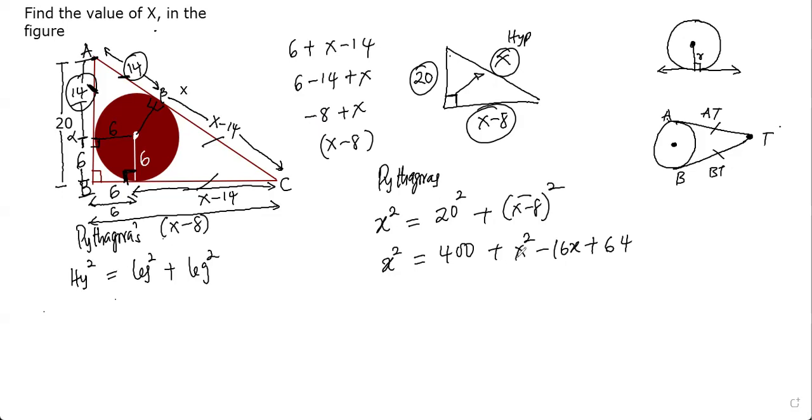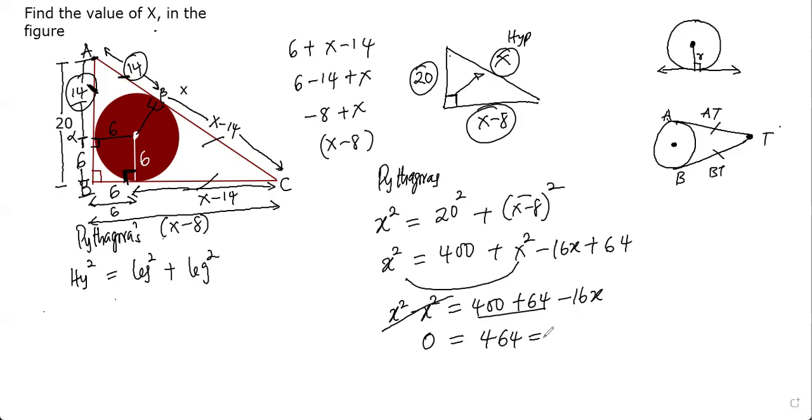Perfect. And if you go ahead and collect like terms, this one comes over here, you have x squared minus x squared equal to 400 plus 64 minus 16x. Of course, these go to 0, and 400 plus 64 is nothing but 464 equal to negative 16x, sorry. And if I decide to take negative 16x to the other side, now that becomes positive 16x is equal to 464.